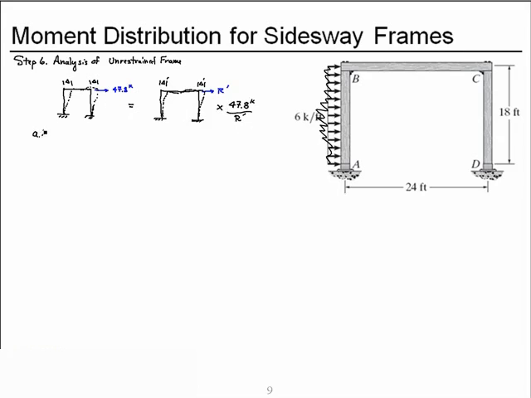So let's get our fixed end moments. If we apply an R prime that causes delta prime, the moments we will need are in member AB, in member BC, and in member CD.